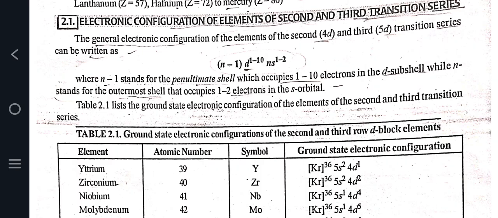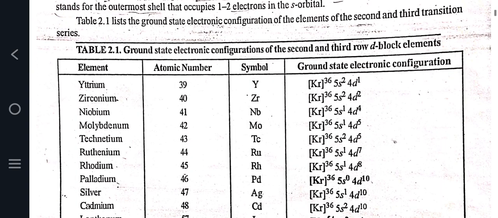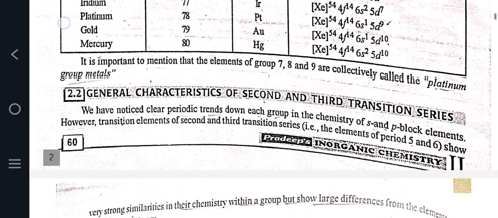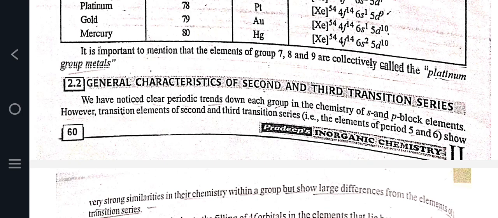Table 2.1 lists the ground state electronic configuration of elements of the second and third transition series. It is important to mention that the elements of groups 7, 8, and 9 are collectively called the platinum group metals. General characteristics of second and third transition series.